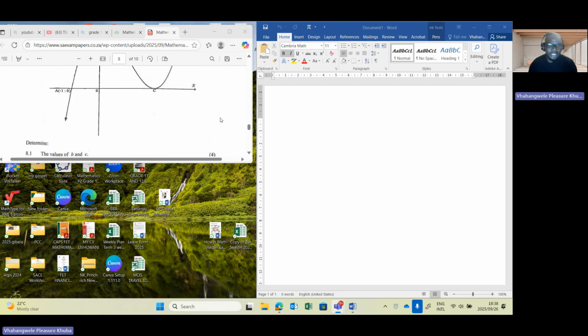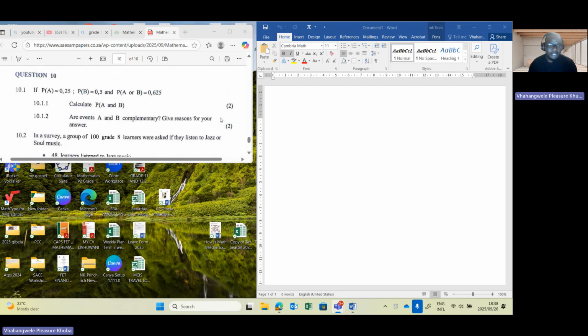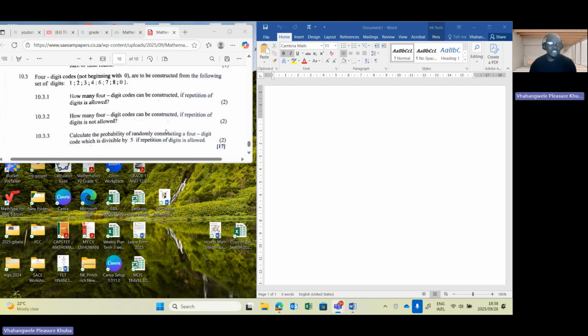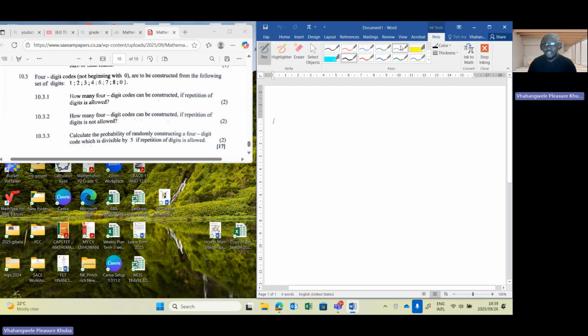You can see here probability, counting principle. This is question number 10. This is Grade 11 work. The counting principle is question 10, 10.3. That's the question we are going to look into today.